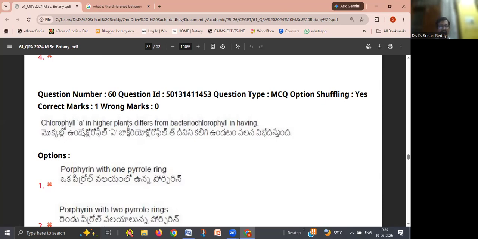These four pyrrole rings are attached by the metal ion, that is magnesium. Each pyrrole ring has one nitrogen.